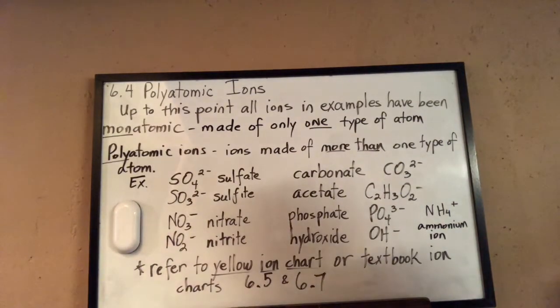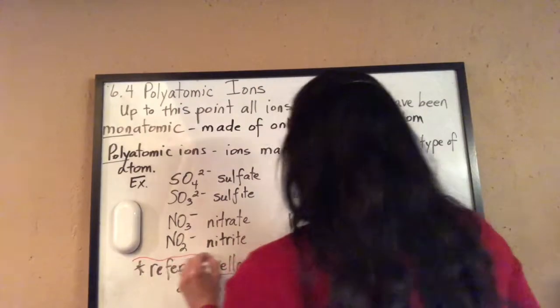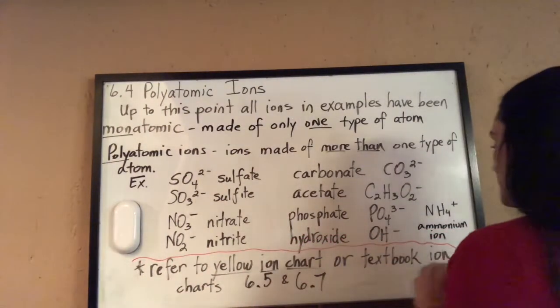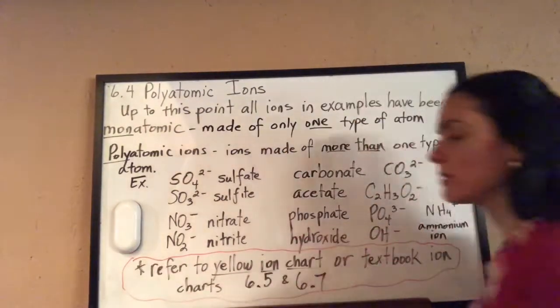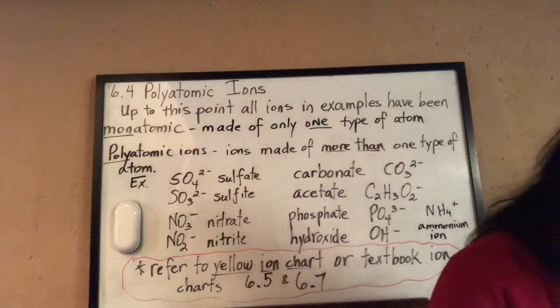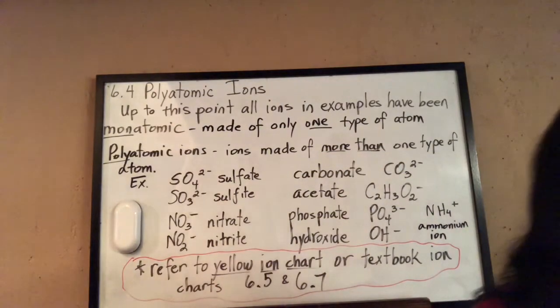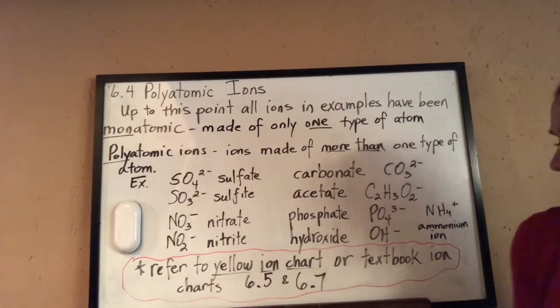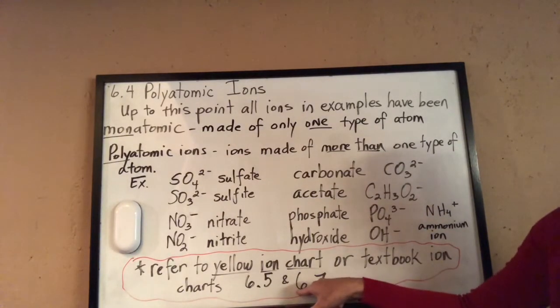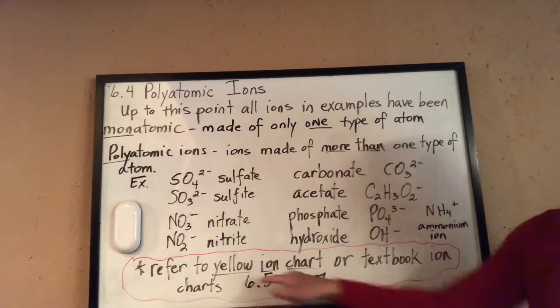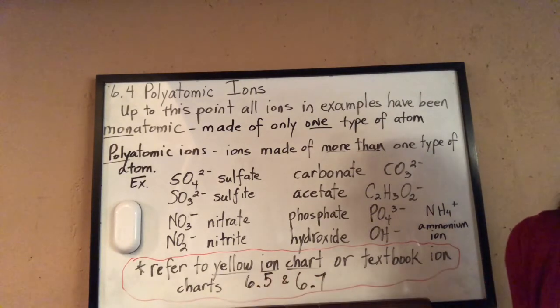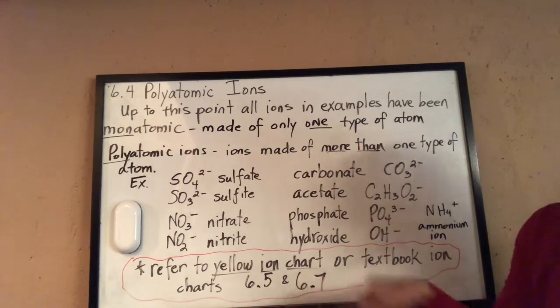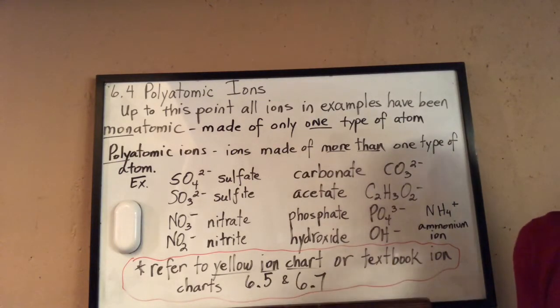So what are we going to do with the polyatomic ions? We are going to incorporate them into naming ionic compounds and writing formulas for ionic compounds. It's a good idea to have the yellow ion chart handy, or the chart in the textbook: Table 6.5 has the transition metals with more than one charge, and Table 6.7 has the polyatomic ions.